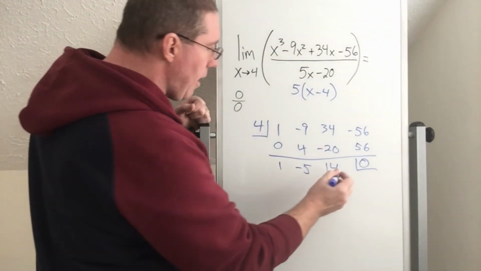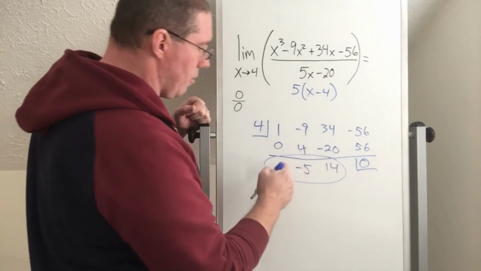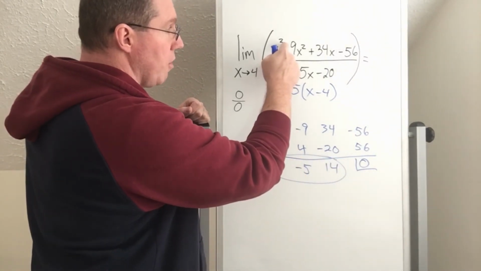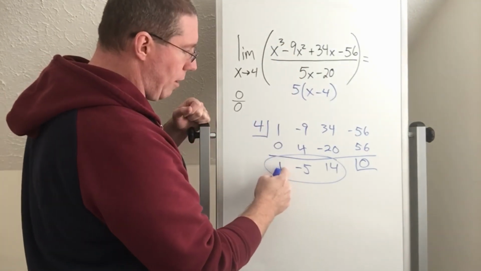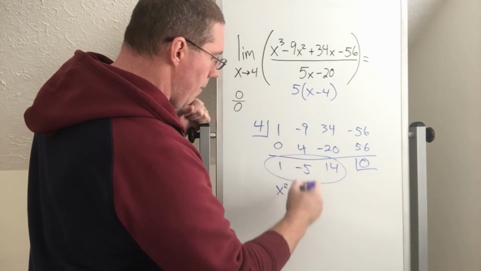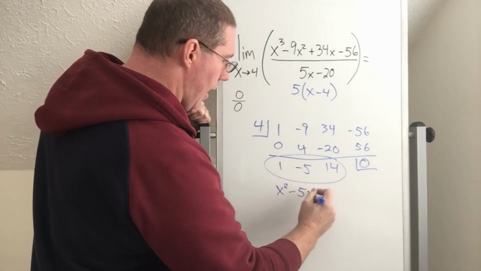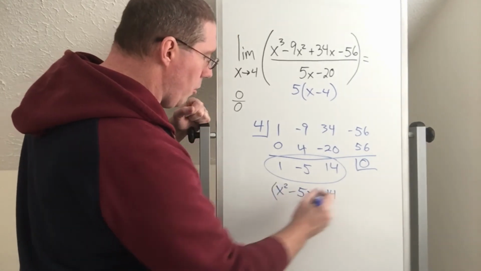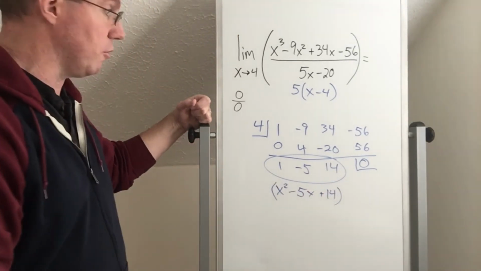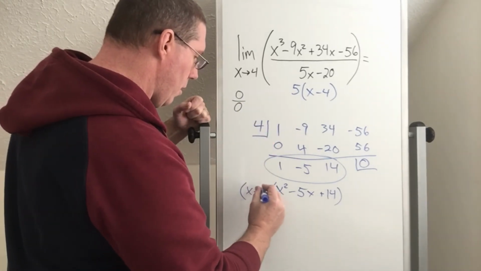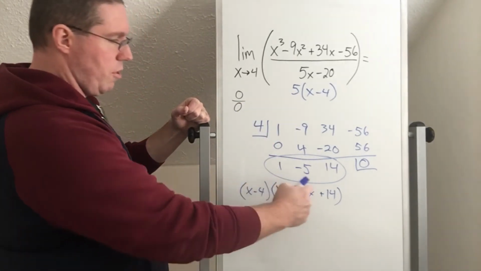All right. So this down here is what really matters now. This 1, negative 5, and 14. We've got to reduce the power by 1. So this was x cubed, this becomes x squared. So it's 1x squared, or just x squared, minus 5x plus 14. This is what's going to go in parentheses as one of the factors. The other factor is x minus 4. And so this is what goes in the numerator.